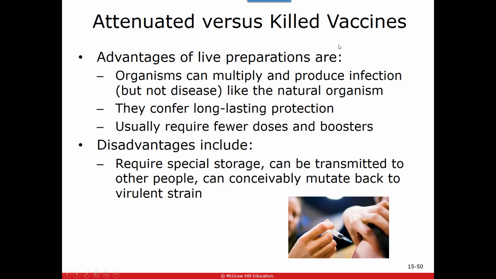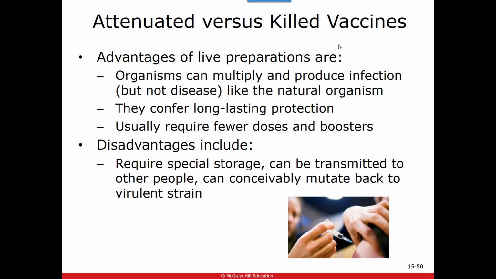But because we modified it, it doesn't cause the disease. Because you have a large number of the organism in the body, because it was multiplying, it's going to elicit a stronger immune response, which means you're going to have longer lasting protection. So it usually requires fewer doses, fewer booster shots. So it's like, yay!